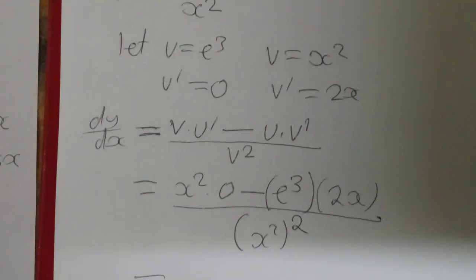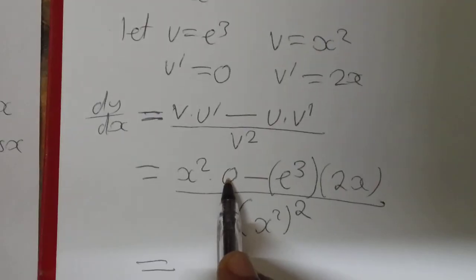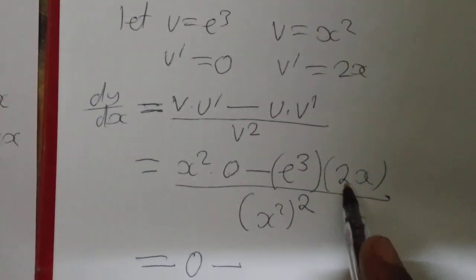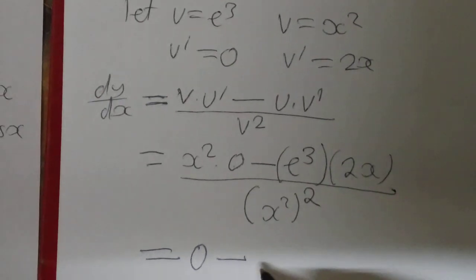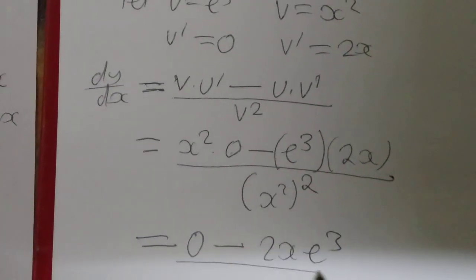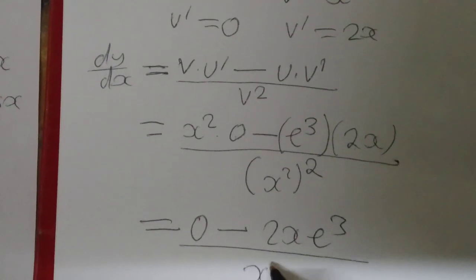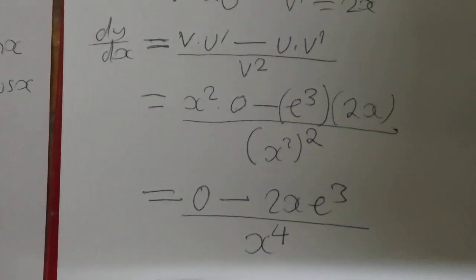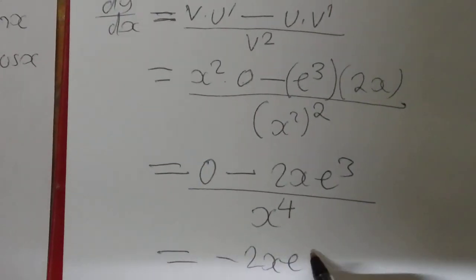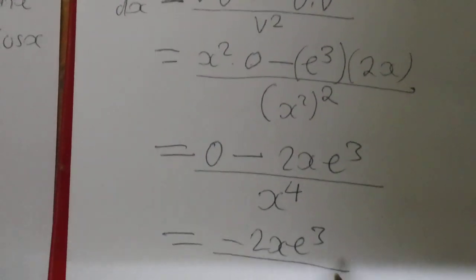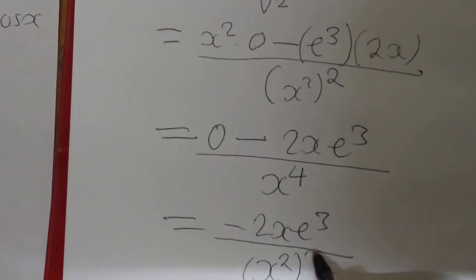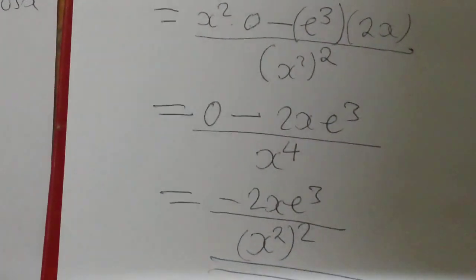You have a 0 here, so it will remain 0 here, minus 2x multiplied by e to the power 3, to be 2x e to the power 3 over x to the power 4. So it will only be negative 2 e to the power 3 over x cubed. So if you want, you can leave it as x squared squared. There is no problem with this.